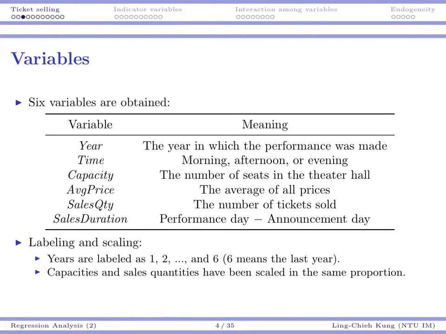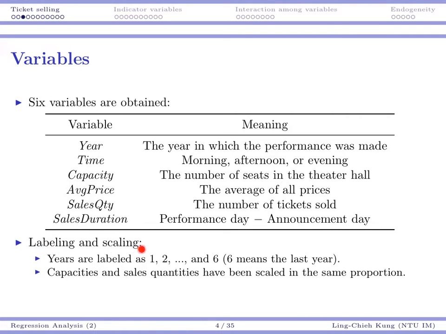Sales quantity is the total number of tickets sold. In this example, obviously this is the dependent variable. And finally, sales duration is the difference between the performance day and the day that the theater announces that the performance is going to be made. Okay, so this is the length of the selling season, the number of days that the ticket is publicly sold. So that's sales duration.